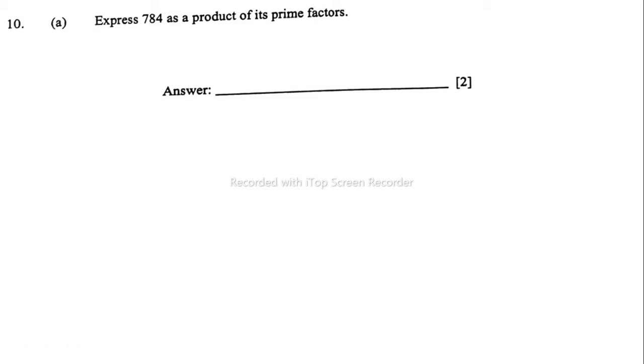You have 60 seconds. Or you need 1 minute and 30 seconds to do this. Express 784 as a product of its prime factors. Alright, go ahead. Shouldn't be hard.